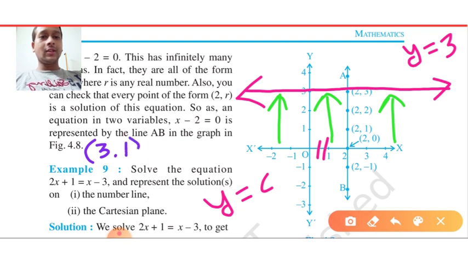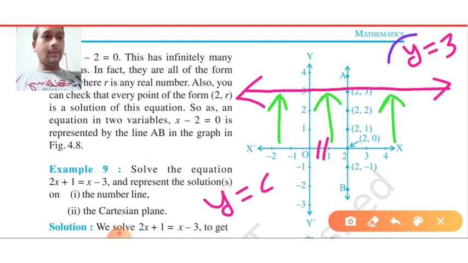You can take 3, 1, with y equal to 3. Whatever coordinates you take, this y will remain fixed, not x.